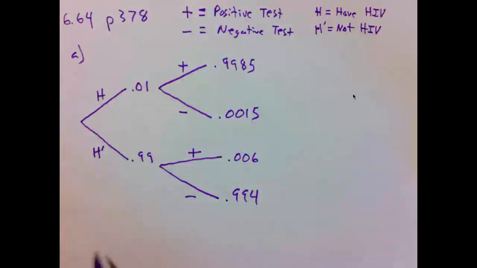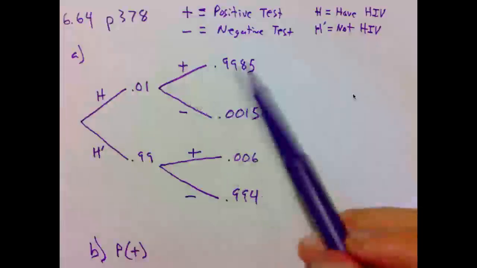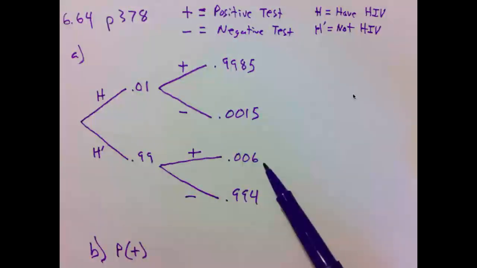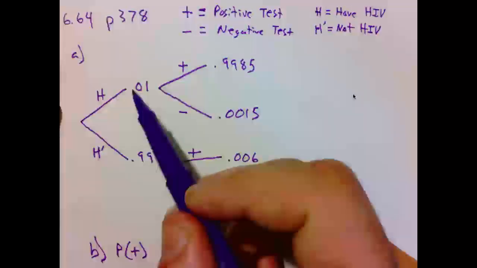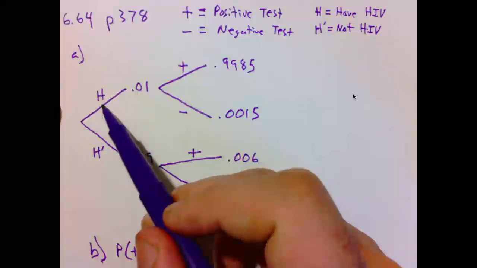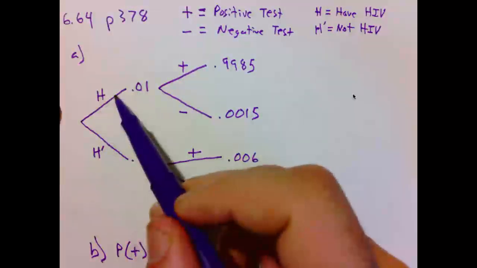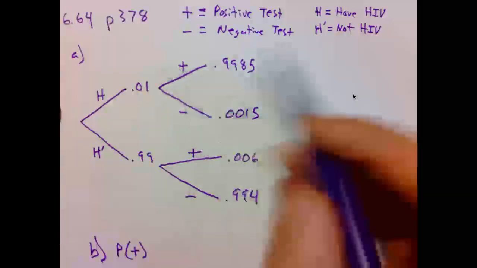Part B says, what is the probability that the EIA is positive for a randomly chosen person? We want the probability that the test will return positive. Well, this group here and this group here are positive results. To find what proportion those are, we need to do a product. We need to find the probability that you have HIV and you return the positive test.